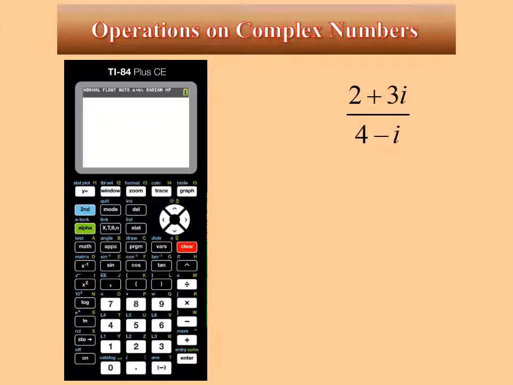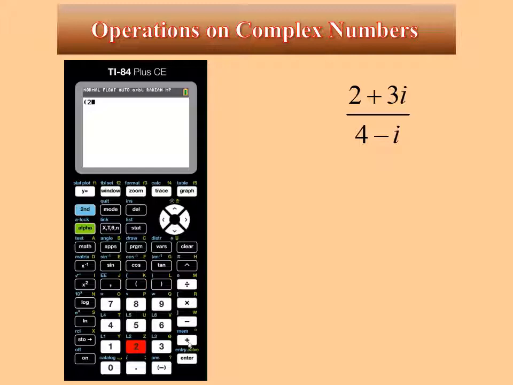Some TI-84 calculators have problems if you try using the fraction template with complex numbers. So the safe thing to do is to enter your complex operations with parentheses and the divide key.